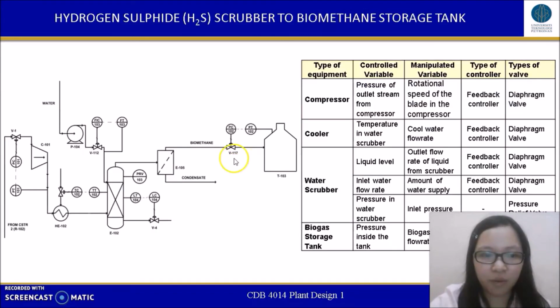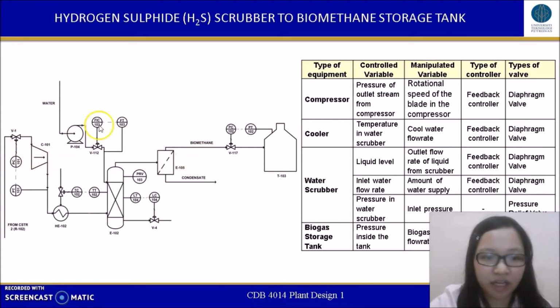Lastly, we have, after exiting the second digester, the second CSTR, the stream is subjected to the compressor before entering the water scrubber, because we want the pressure of the stream to be increased to 10 bar.